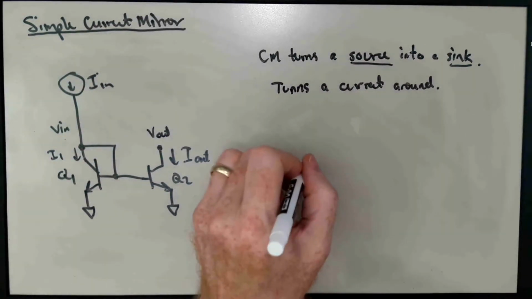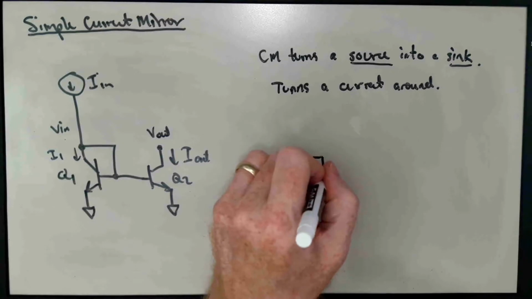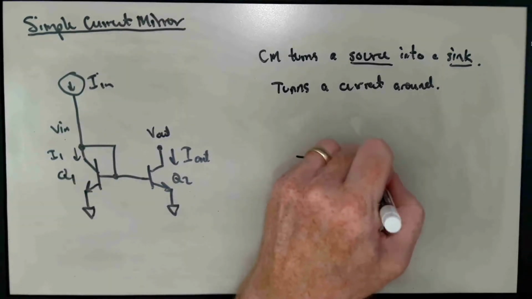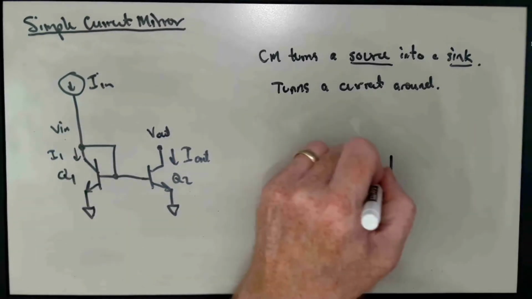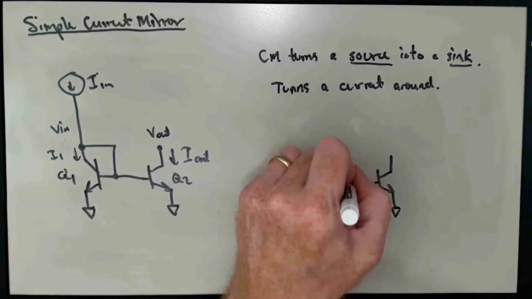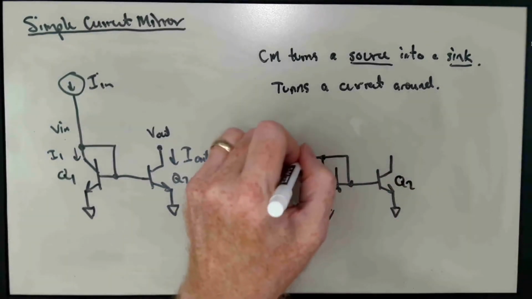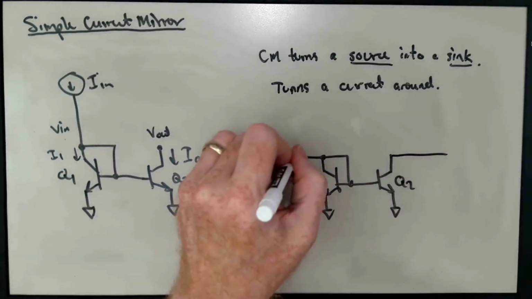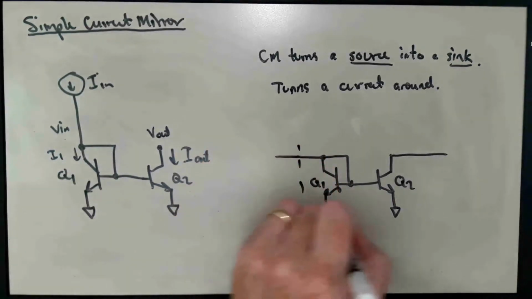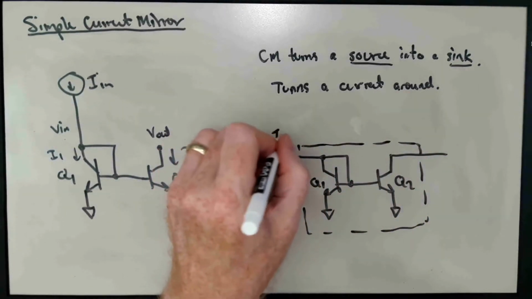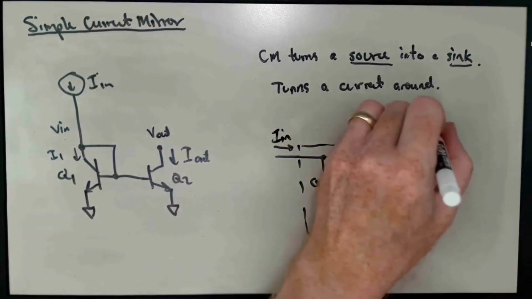And it's maybe easier to see if we think about drawing it like this. So here's our two transistors with the diode connection here, Q1 and Q2. And if we imagine bending these wires and putting a box around our current mirror, I in comes in this way, I out comes out this way.